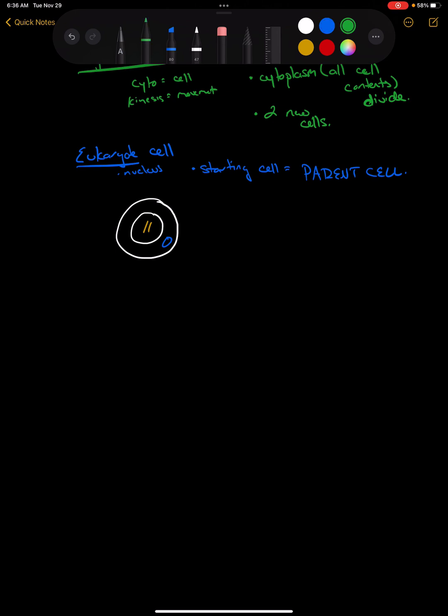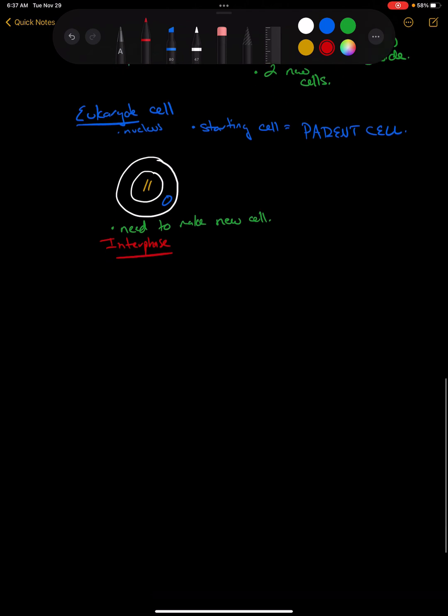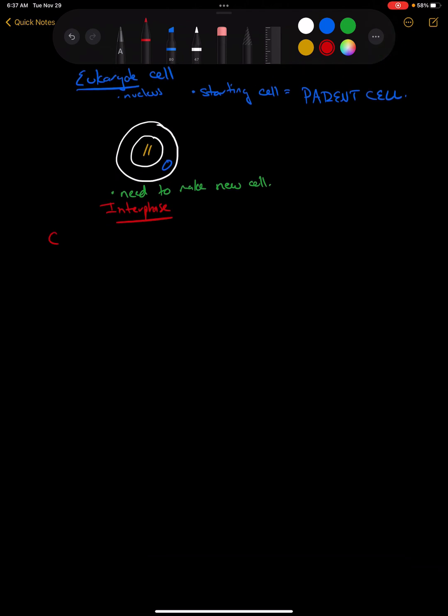Now, oh no, this cell is in need. I need to make a new cell. That's my entire job. So I have to start with my first phase. I enter interphase, which means I get to start with G1, because it's G1, S, G2.